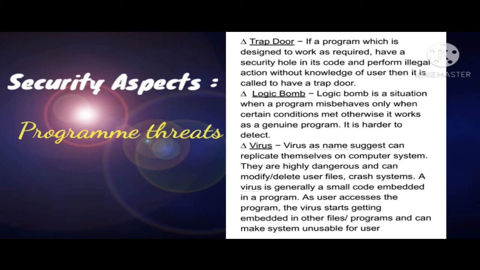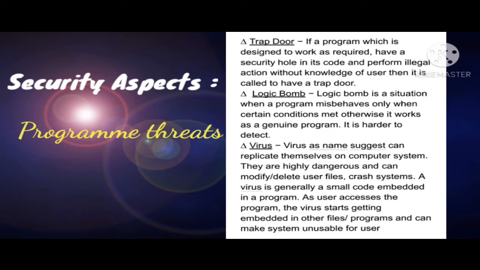If a program which is designed to work as required have a security hole in its code and perform illegal action without knowledge of user, then it is called to have trapdoor. Program threat number 3. Logic bomb. Logic bomb is a situation where a program misbehaves only when certain conditions meet, otherwise it works as a genuine program. It is harder to detect.